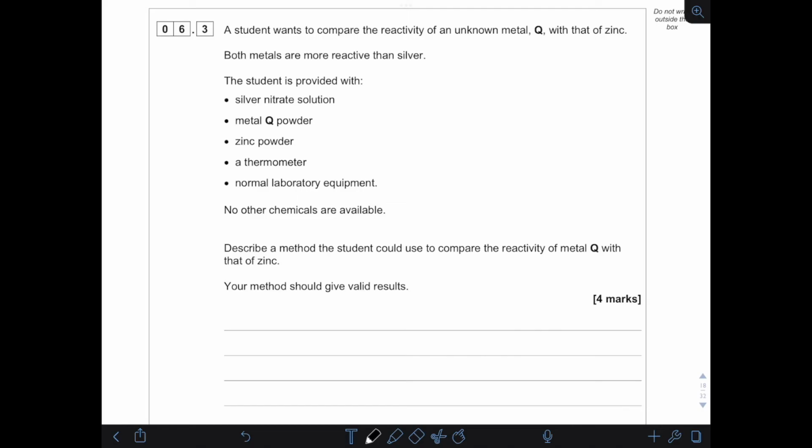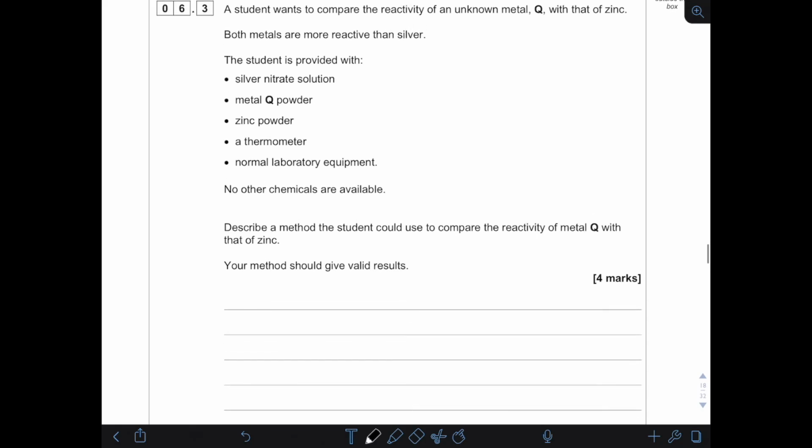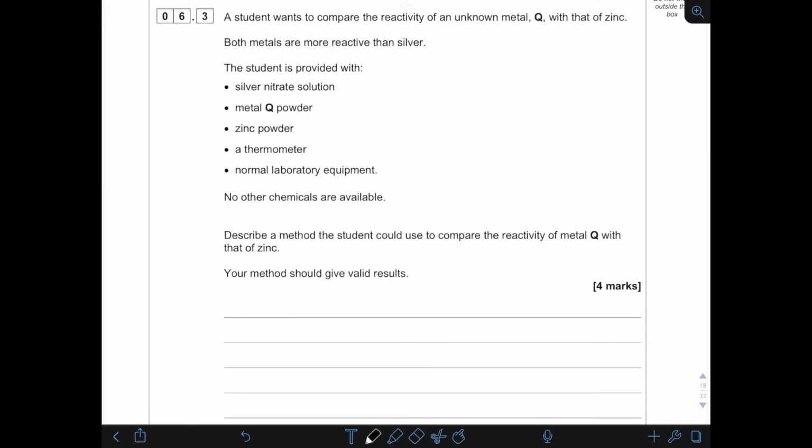And let's see. Essentially, the given thermometer is a big indicator that you should be doing a calorimetry type experiment.